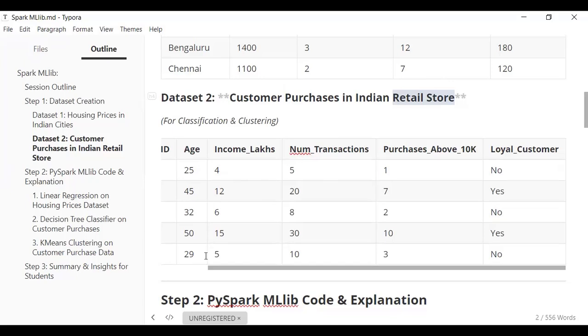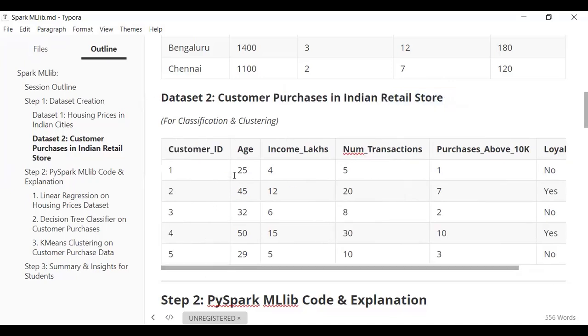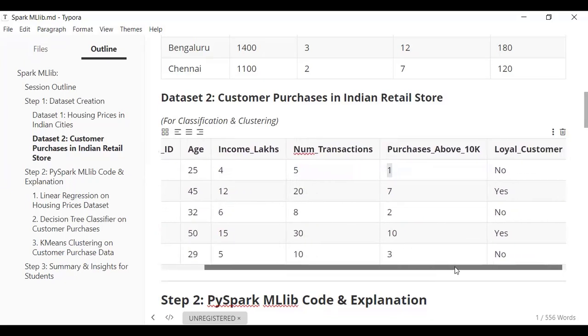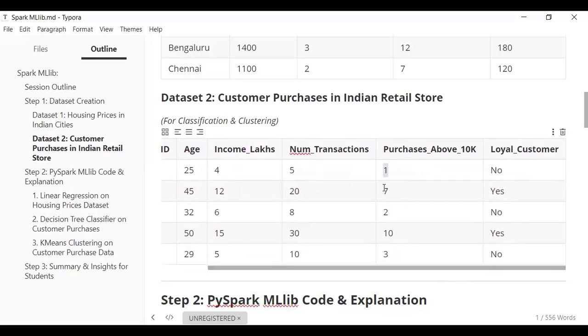You can take a simple example. This person's age is 25, and he earns 4 lakhs. He made just one transaction of about 10K. But if you look here, about 10K is 7. So maybe because of this, he might be a loyal customer.